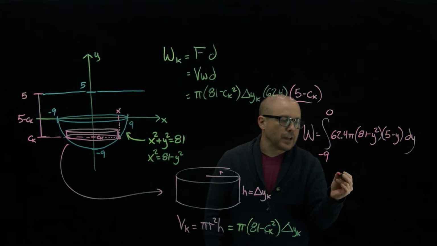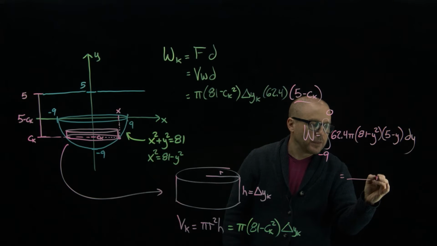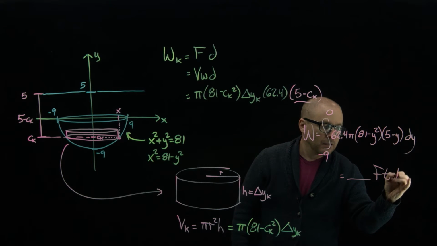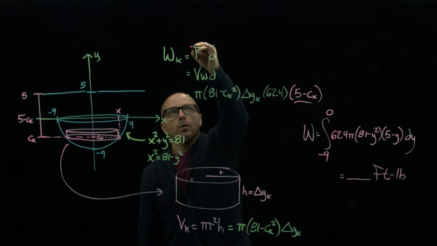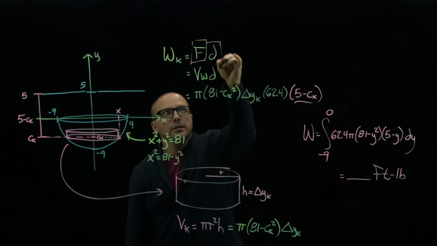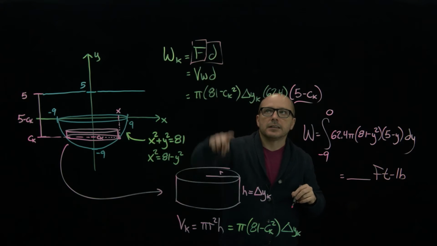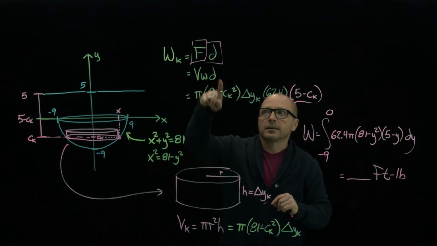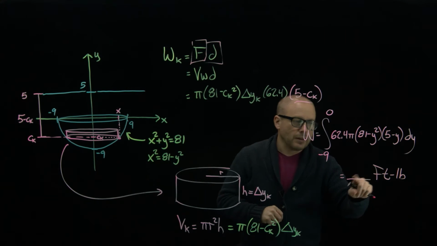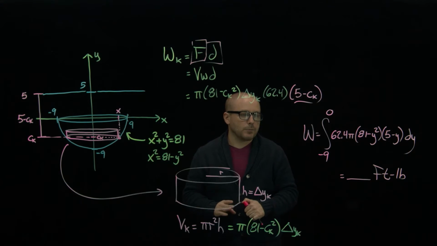And then the other thing I wanted you to give me was, what would the units be? Well, think about it. Work is a force times the distance. Distance we're given in feet. The forces were given in pounds, so we know from the setup that it's foot-pounds.